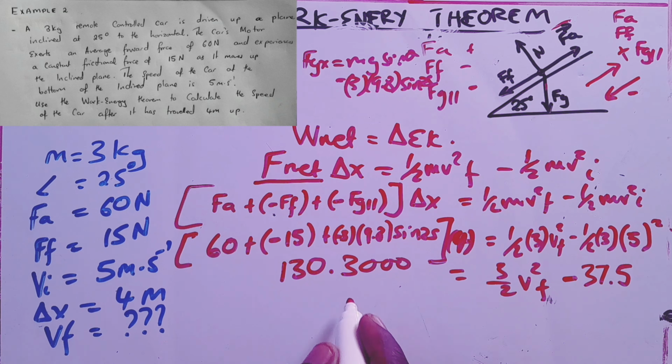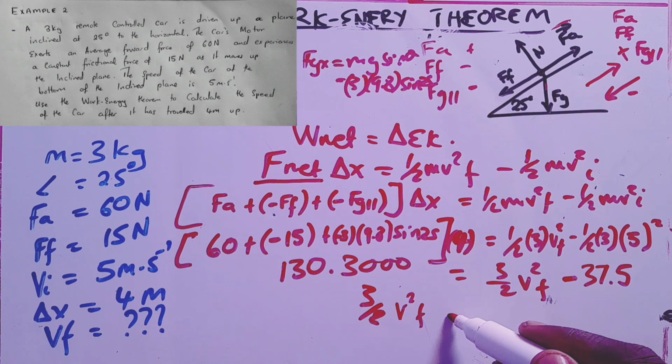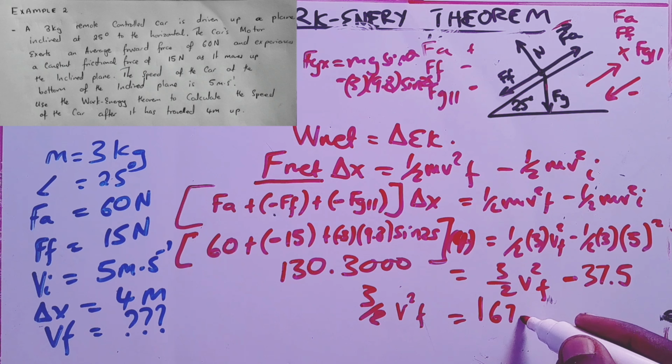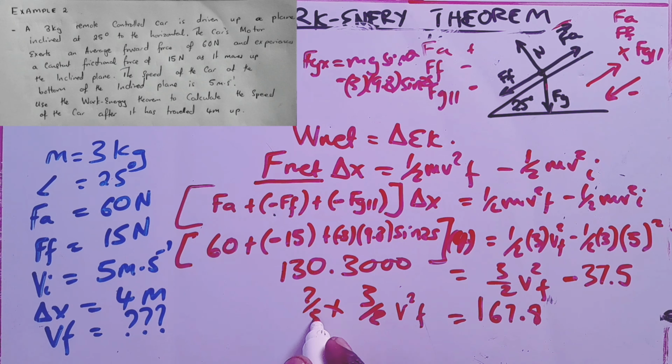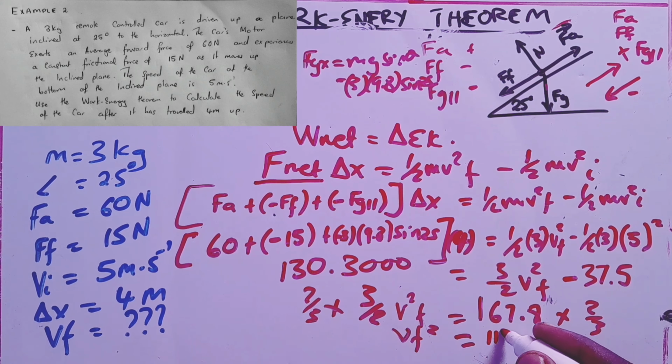So after adding everything, we have that our 3 over 2 v squared final will be equal to 167.8, and it means that we can multiply both sides by 2 over 3. So it means that our Vf squared will be the same as 167.8 multiplied by 2 over 3. We get 111.87, and now we can just do the square root of both sides.